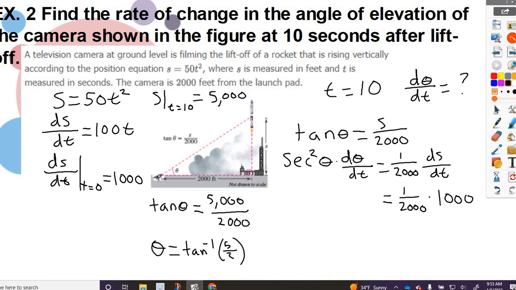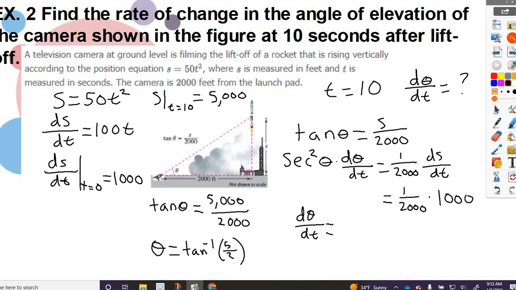That's not going to be a very pretty number, and that's okay. However, I would like to hold off on getting a decimal approximation until we plug everything in. Does that make sense? Just because otherwise we'll get a larger rounding error. You with me? Okay. So then my last step would be to solve for d theta/dt.